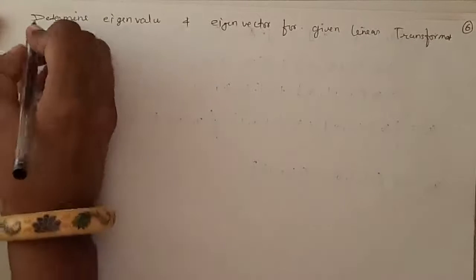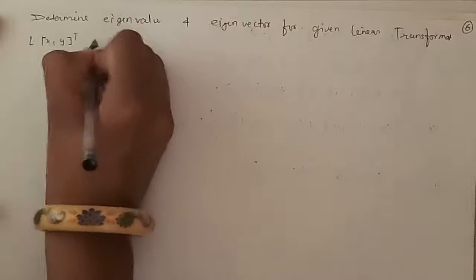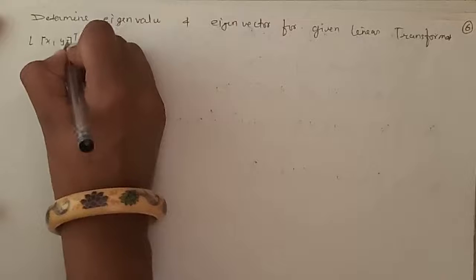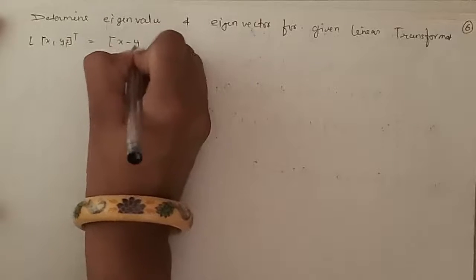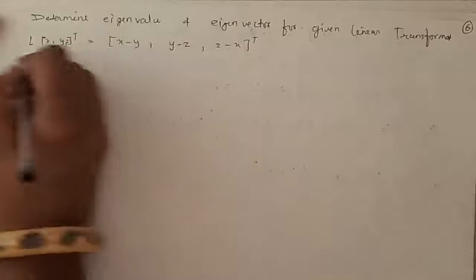So first transformation we have L of (x, y, z) transpose is equal to (x minus y, minus z, minus x) transpose.